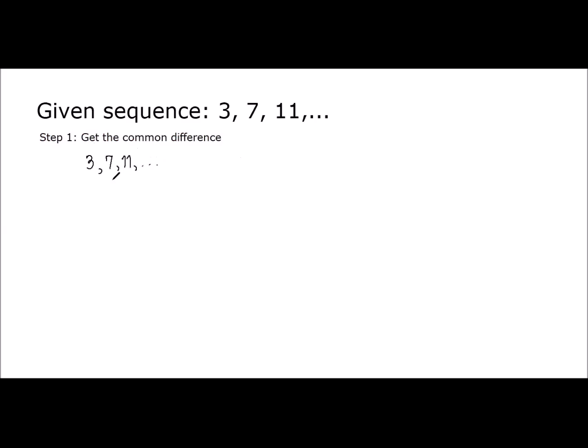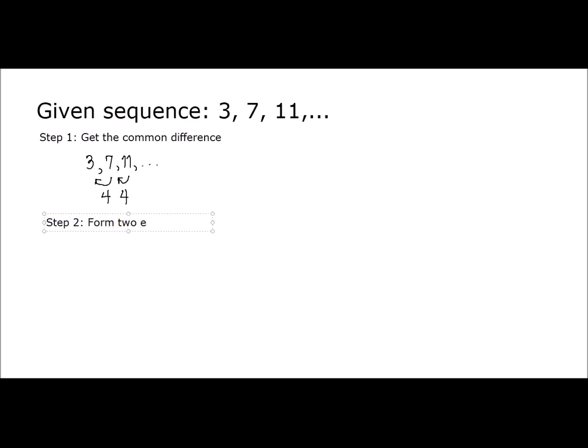So going back, step 1, get the common difference. You know that already. Am I correct? Do you agree with me? I hope that you master it already. We can now proceed on step 2. So what's our step 2? Step 2 is we need to form 2 equations.